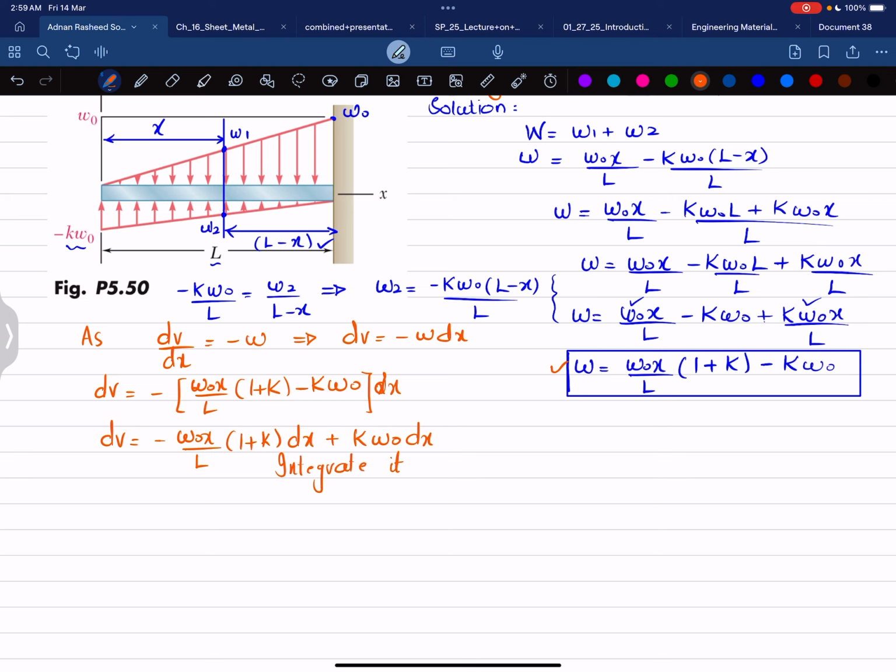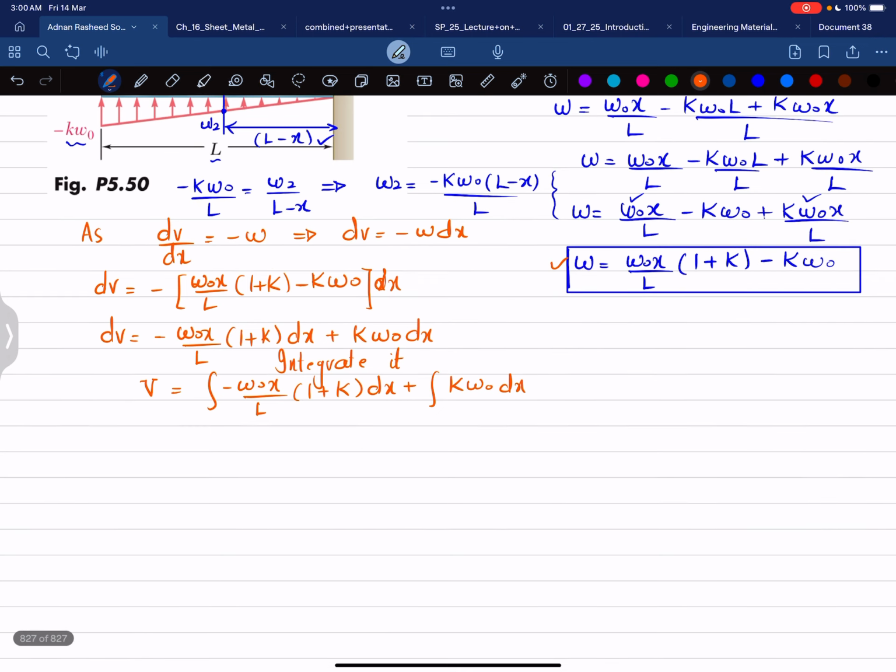After integrating it, the left side will be equal to the integral of minus W naught x over L into 1 plus K into dx plus the integral of K into W naught dx. From here you will get minus W naught into 1 plus K divided by L, and the integral of x into dx, plus K into W naught integral of dx.